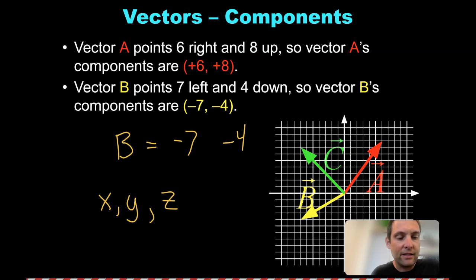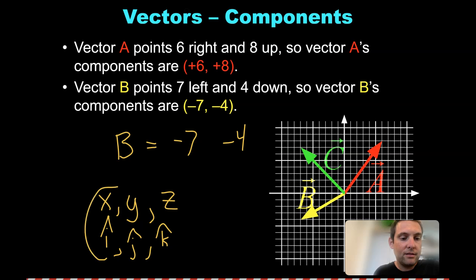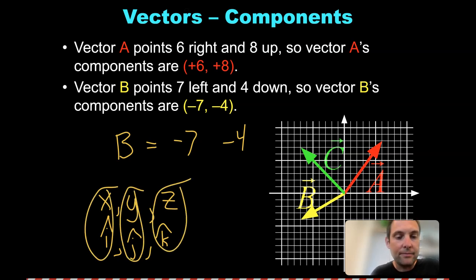So rather than saying x, we would say i hat, and instead of saying y, we would say j hat, and instead of saying z, we would say k hat. You can remember this because they are in alphabetical order, i hat, j hat, k hat. So if -7 represents our x and -4 represents our y, we would write this as -7 i hat, comma, -4 j hat.